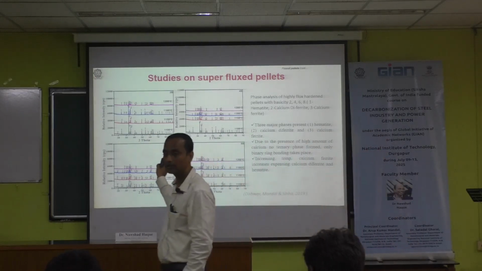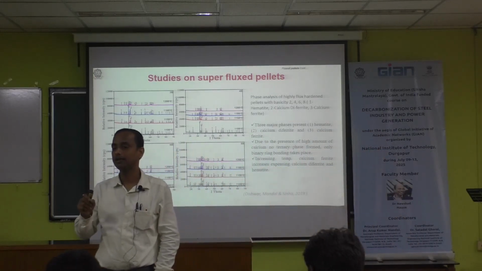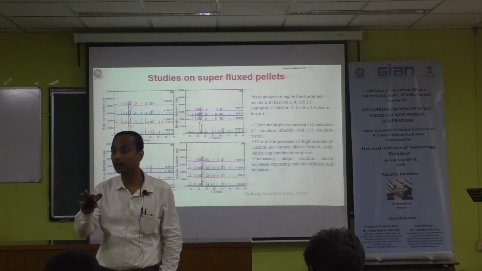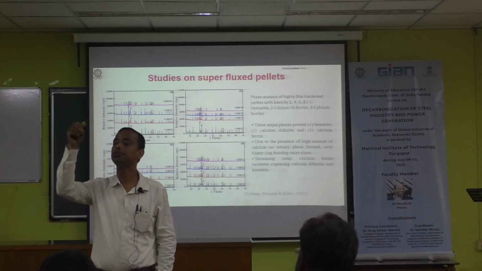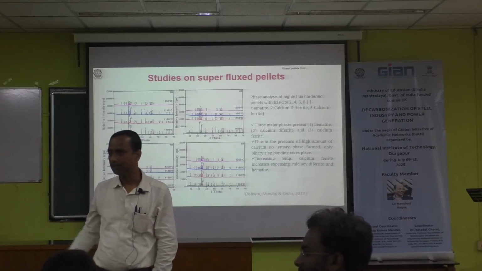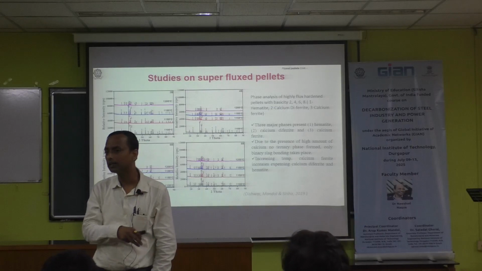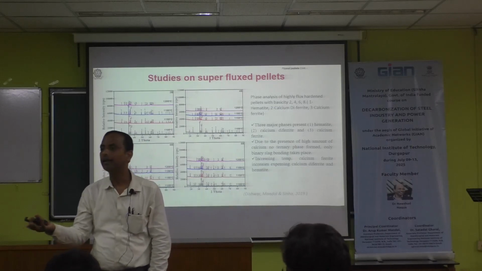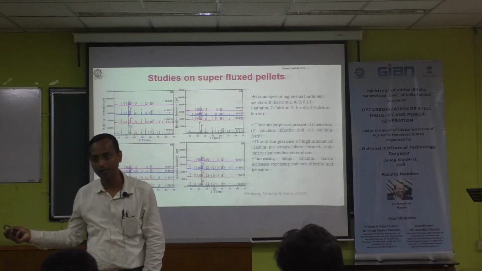Then in that condition, what will happen? The metallic charged materials where the lime is incorporated, and lime is not a free material, will dissolve very fast. If it dissolves very fast, what will happen? The slag formation is very fast, and the desulfurization rate will be very quick.